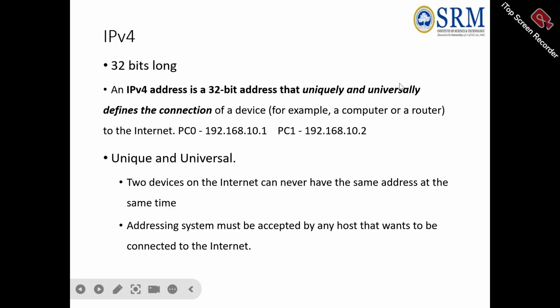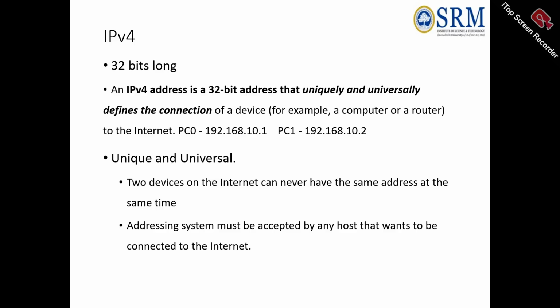What is meant by universal? Universal means IPv4 is a standard addressing system used across interconnected IP networks. For example, different manufacturers may produce different devices like a computer, smartphone, router, server, printer, anything. For each and every device to communicate, it is with the help of that IPv4 address only.